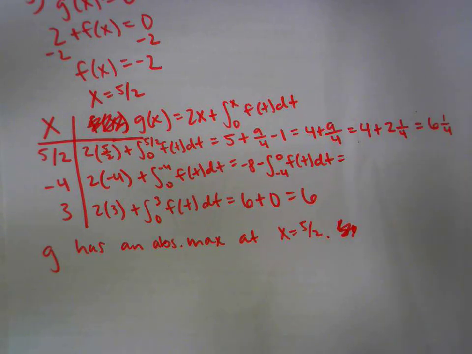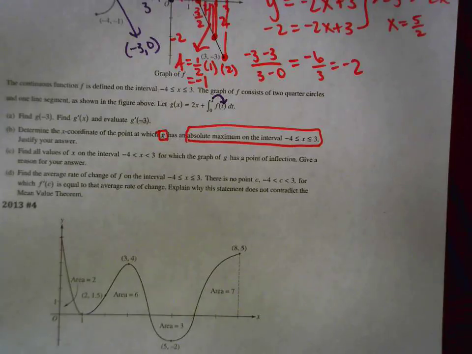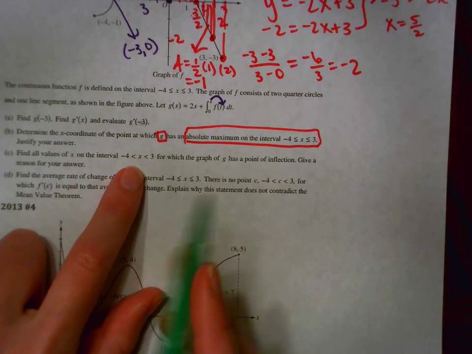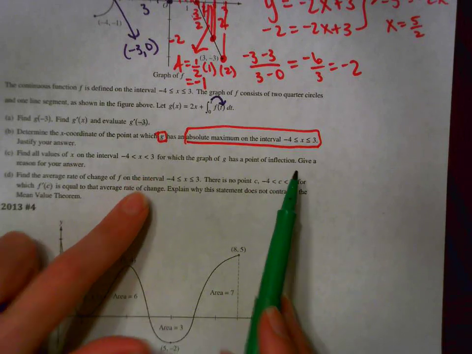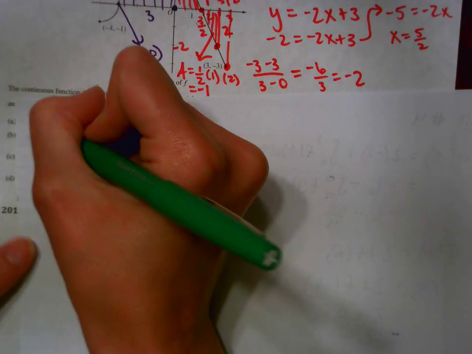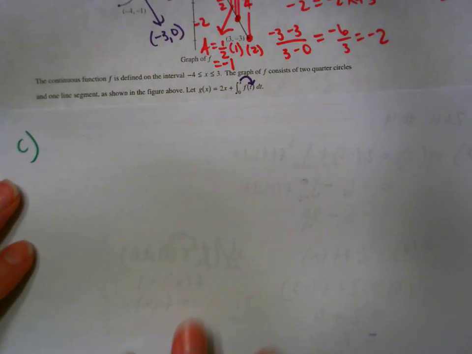Okay, it is 18 minutes. We did half, but again, the second half goes faster. So next one says find all values of x on the interval for which the graph of g has a point of inflection. So let's think about a point of inflection. What do we know about what causes a point of inflection?